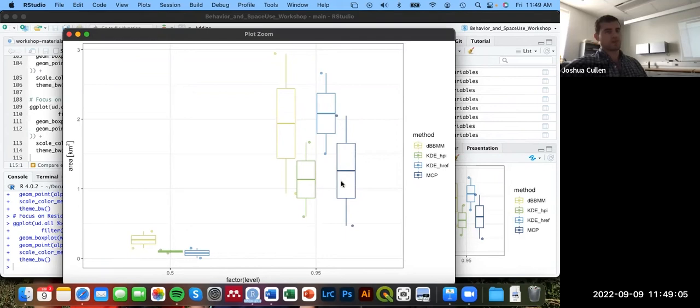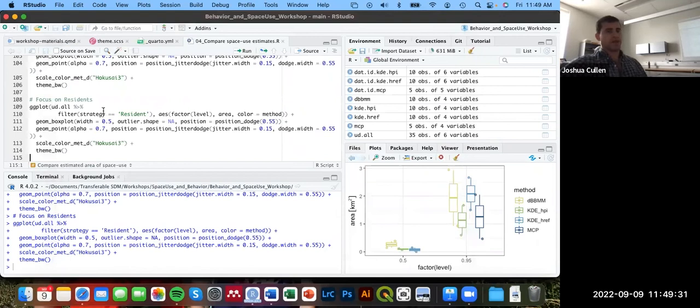And it's relatively mixed across the 95% isopleth or contour, where the plug-in method and the minimum convex polygon on average produce smaller areas. But this is on a scale from 1 to 3 kilometers. So this may not be that much of a difference overall, really. And that is it for this comparison.